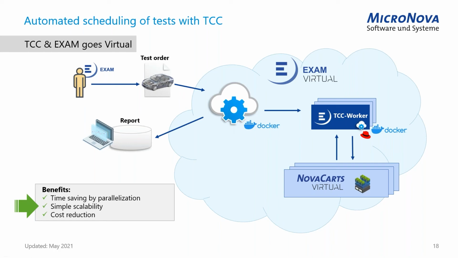Next to the Docker container of the TCC server, we also have the TCC workers. You can just imagine the TCC workers as a Unix-based representative of the XM test runner. It only suits the execution of the scheduled test runs and the test orders. And surely the TCC worker as a Unix-based test runner is also running in a Docker container.